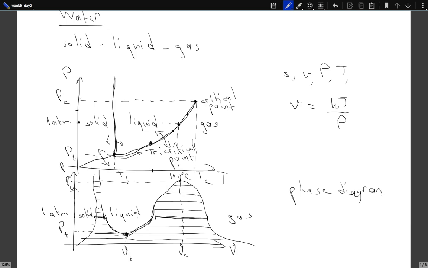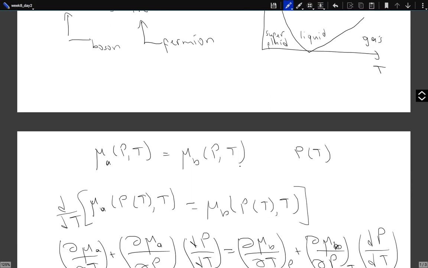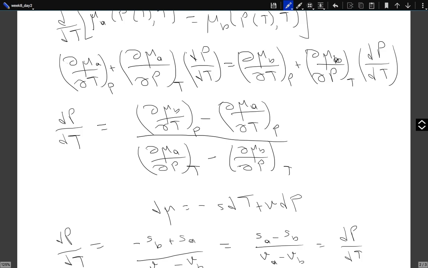That kind of marks that critical point. Any questions? As I said, hopefully towards the end of the semester we will come back to this topic of phase transitions in somewhat more detail.